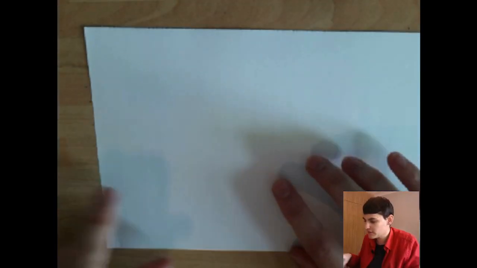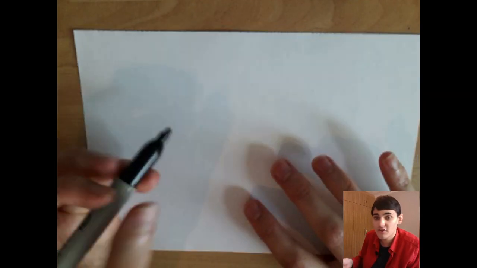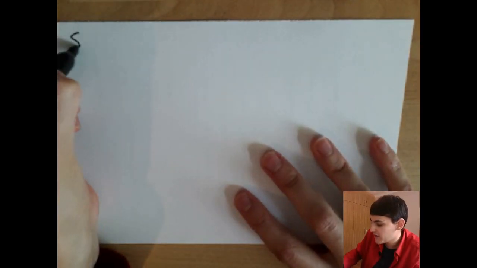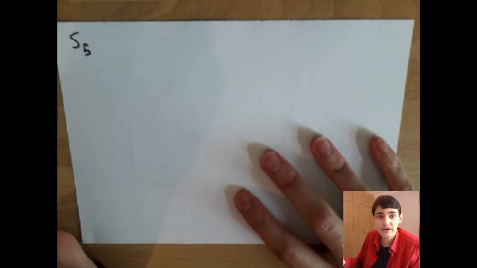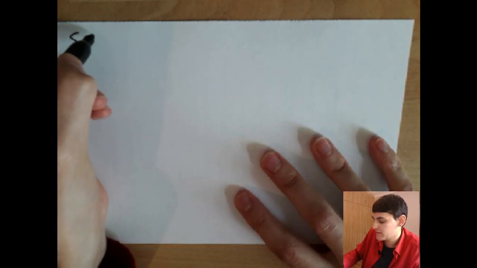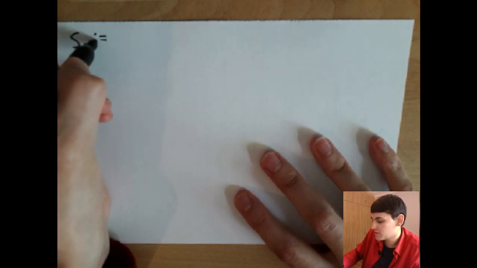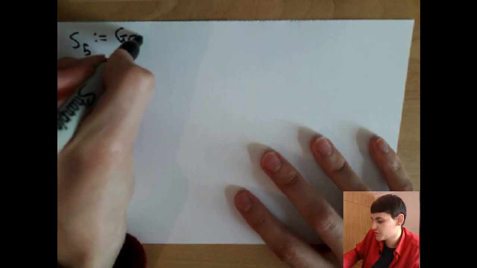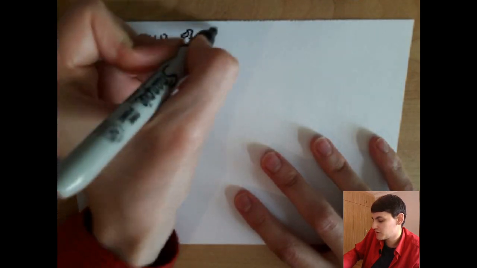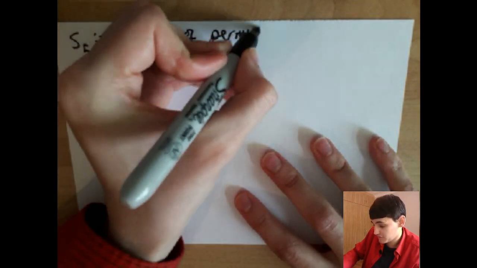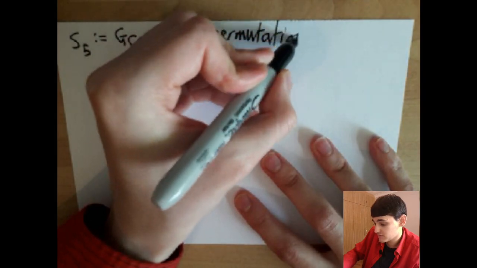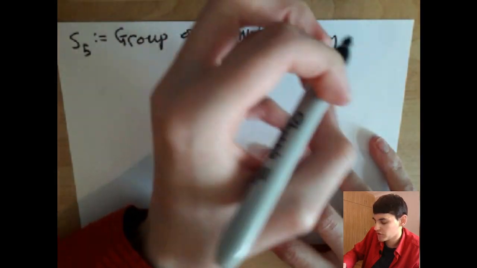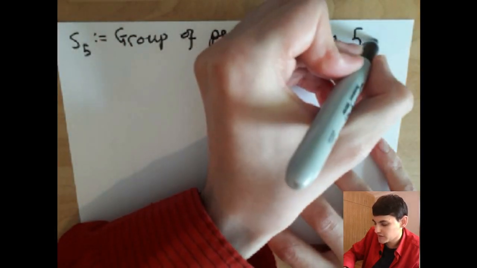So let's have a look at the permutation group S5, the group of permutations on 5 elements.